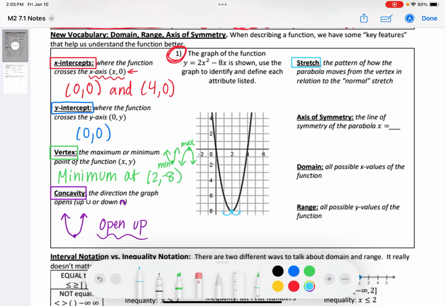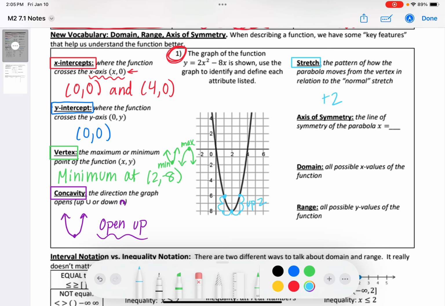To find the next point on the graph, you go up 1, 2 on both sides. So it goes up 2. That is my stretch. You go over 1 and up 2.